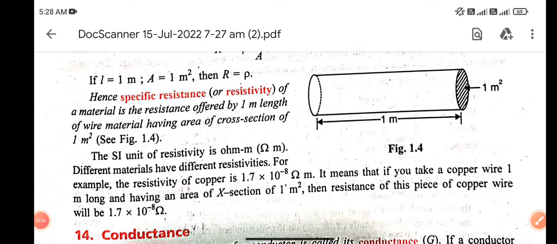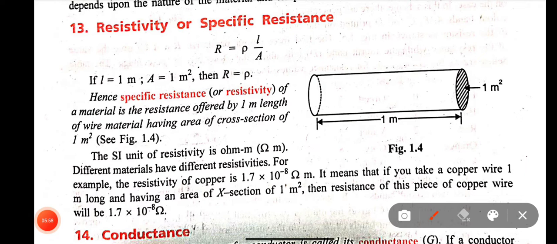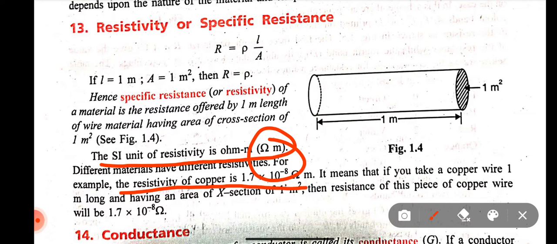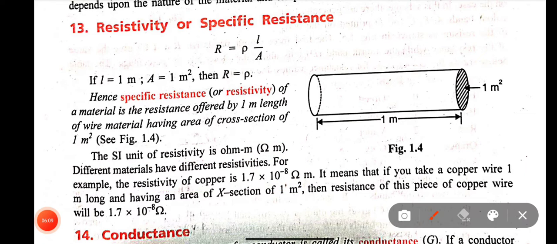So after that we find the SI unit of resistivity is ohm meter, right? For example, the resistivity of copper is 1.7 × 10^-8 ohm meter.